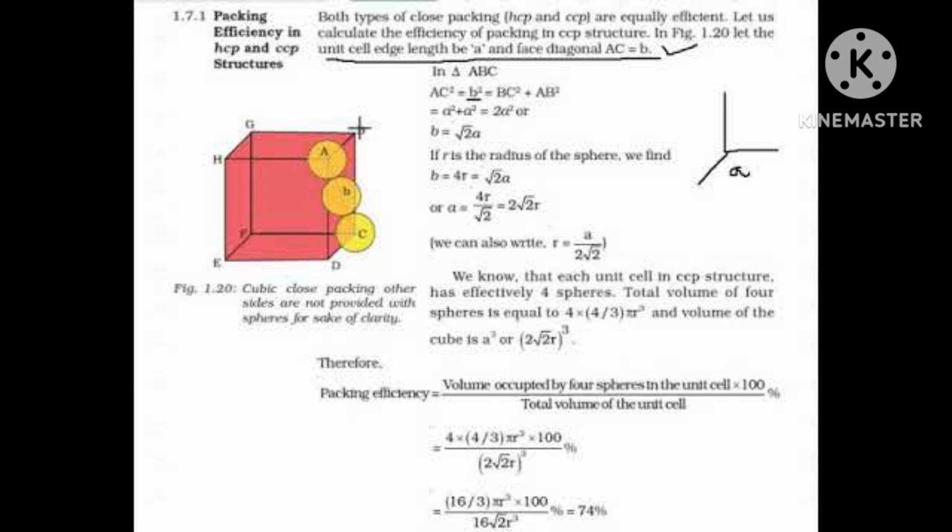AC, formula: you know that AC square, the diagonal square, is the hypotenuse H square, which is equal to B square plus A square, meaning length square plus breadth square. This formula you know: hypotenuse square is equal to perpendicular square plus base square.